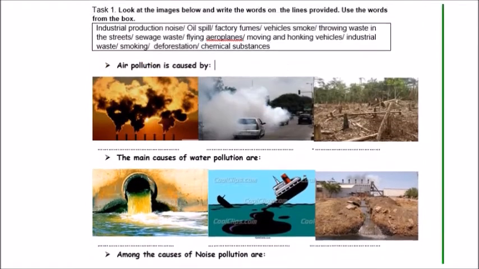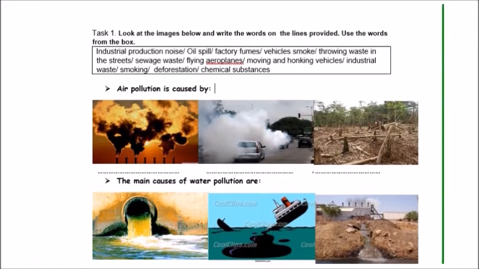Ok, entonces tenemos acá un vocabulario en este banco, las palabritas: industrial production noise, oil spill, factory fumes, and so on. Y van a utilizar esas palabritas para completar o identificar las causas de los diferentes tipos de contaminación. Air pollution, y van a utilizar ese vocabulario para completar acá.